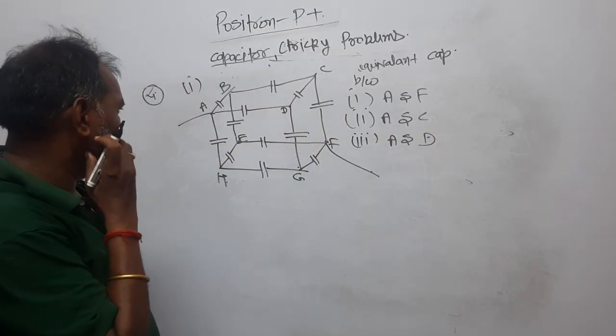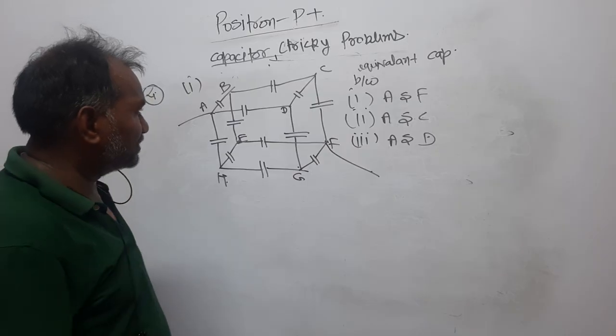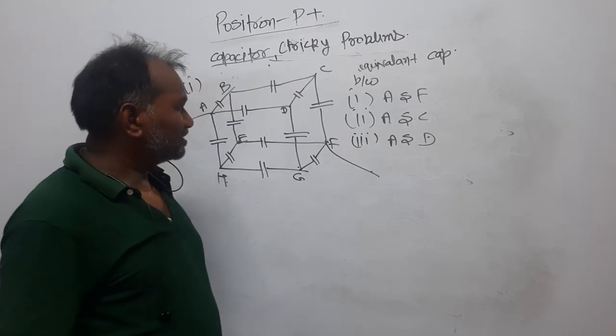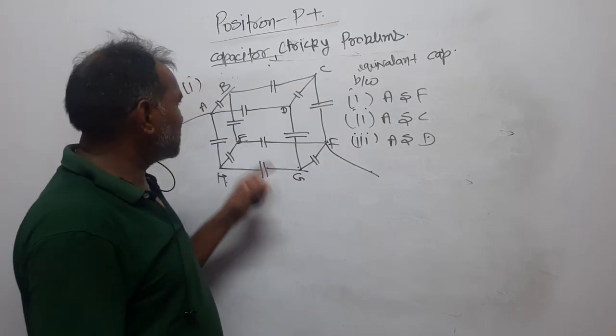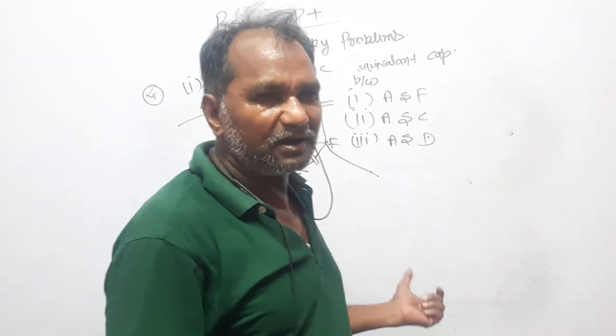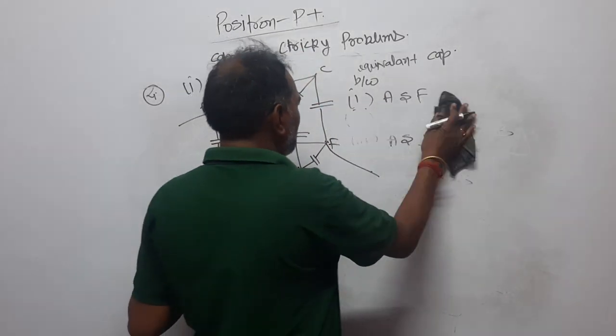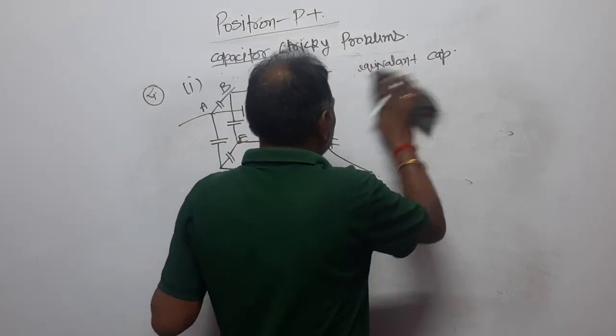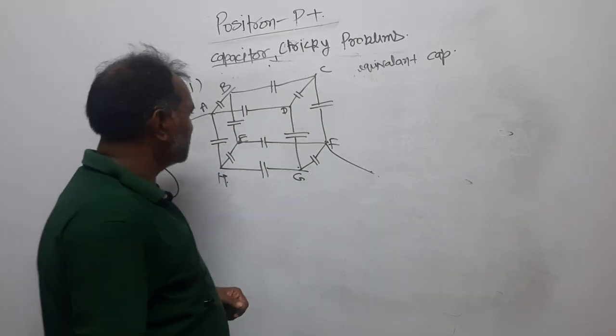Right? This is the problem that we have to discuss. So first, let's try between A and F. A and F are the opposite points of the diagonal. Between the opposite points of the diagonal, we have to find the equivalent of this cube circuit.